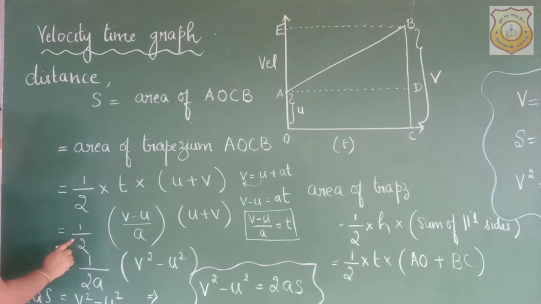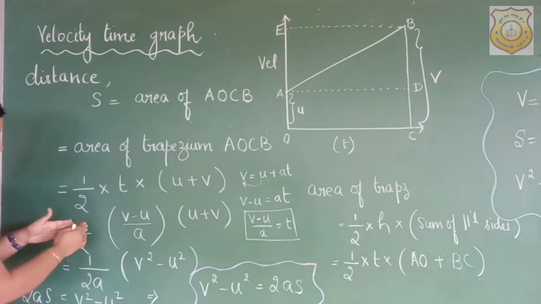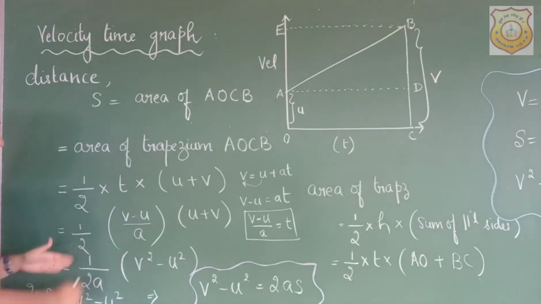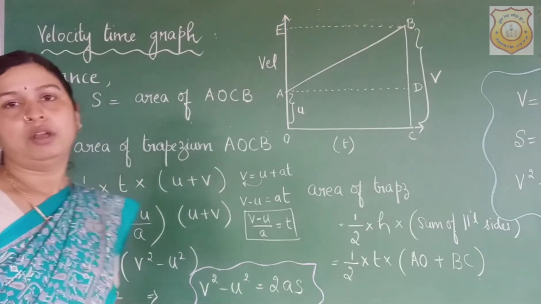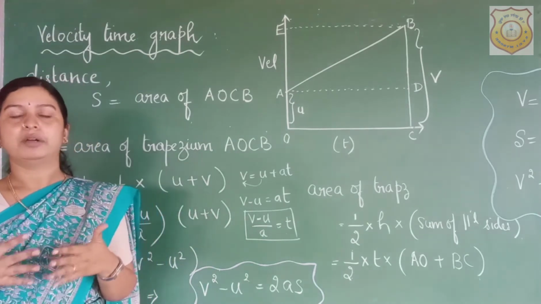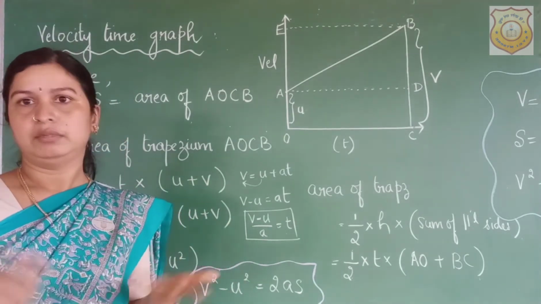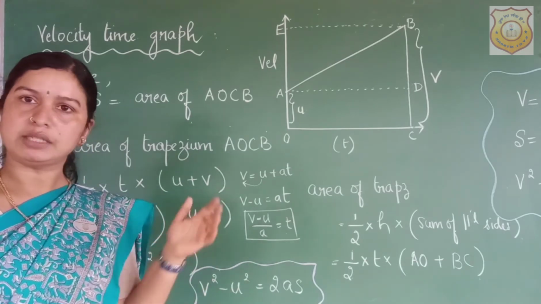So I have just brought a here because these are all multiplications, okay? So instead of 1 by 2a, now v minus u into u plus v or v plus u. Try to recollect your formula, a minus b into a plus b is nothing but a square minus b square.